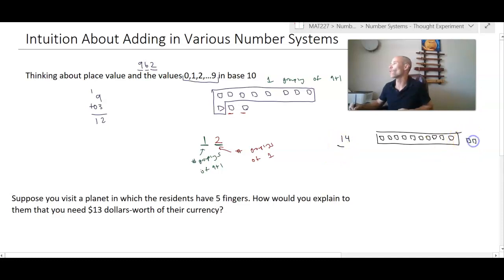And then I have 4 more individual units, which can be represented in the first place. Let's say I add something to it, like 13. Again, that's one grouping of 9 plus 1, 1, 2, 3, 4, 5, 6, 7, 8, 9 plus 1, and then I have 3 more individual units.